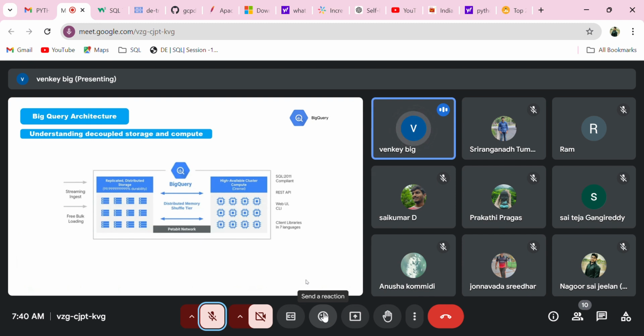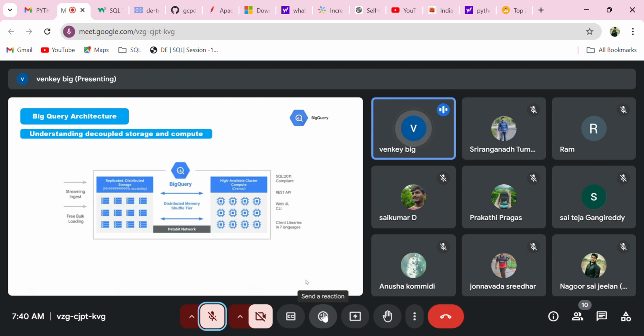So we know Google for so long, right? So you know how mature and how durable these Google systems are, right? So the network systems that have been established between BigQuery storage and compute are super fast petabit networks. Okay, so that is the reason you don't see any delay. Even though it's decoupled storage and compute, you don't see any delay.